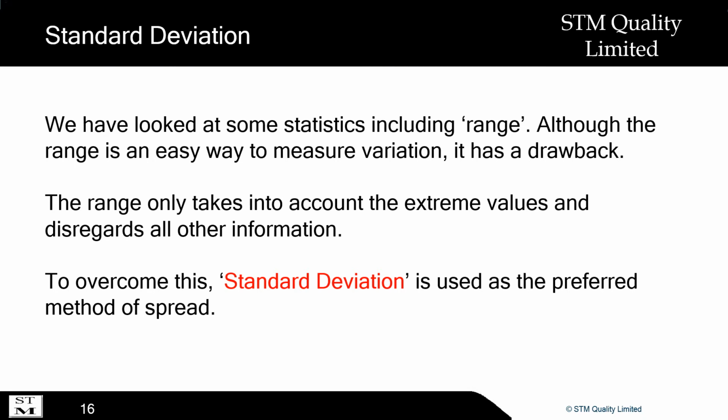Although the range is an easy way to measure variation, it has a drawback. The range only takes into account the extreme values and disregards all other information. To overcome this, standard deviation is used as the preferred method of spread.